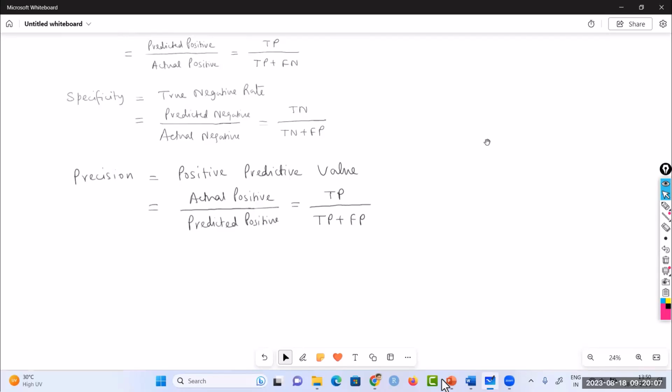And then we have something known as F1 score, which is the weighted harmonic mean of precision and recall.